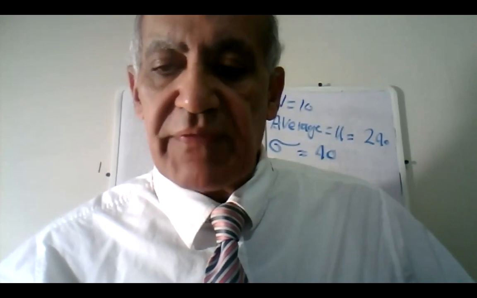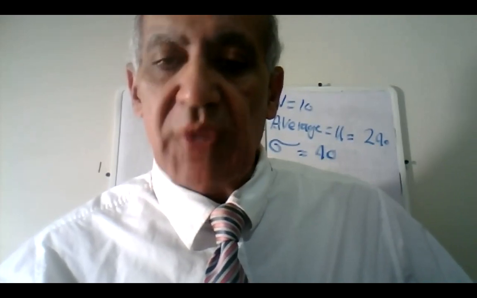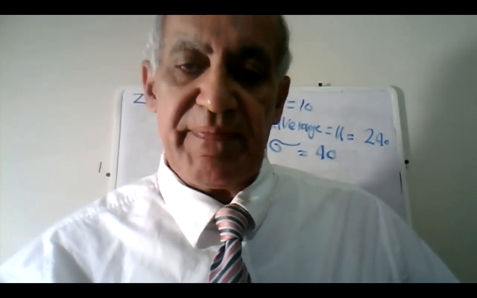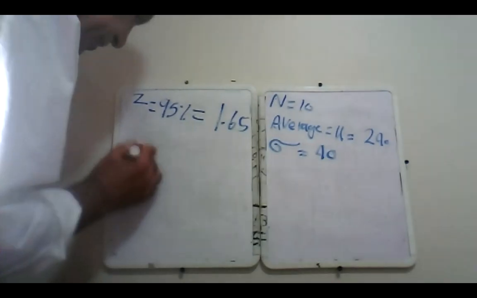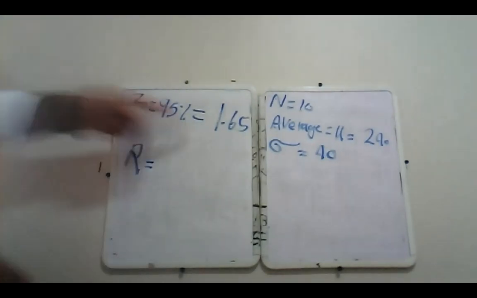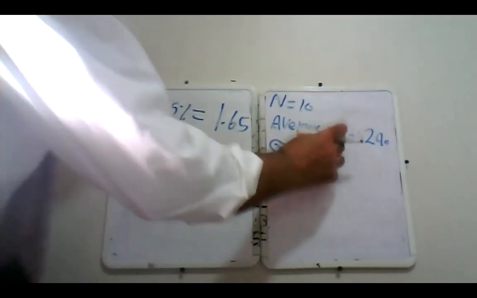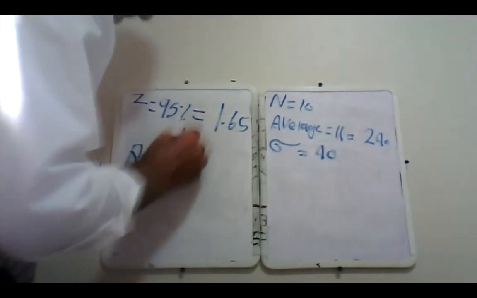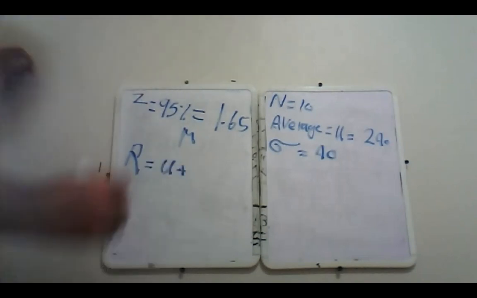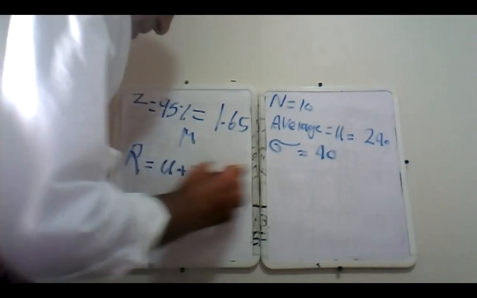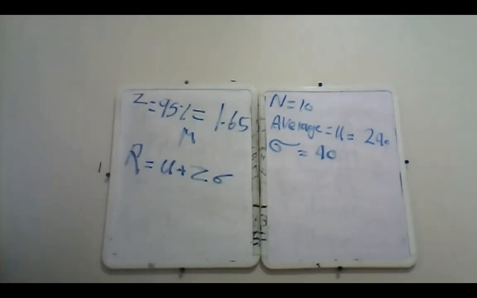What we will do is simply say the required amount, R, will equal mu plus Z multiplied by sigma. That is how it works.